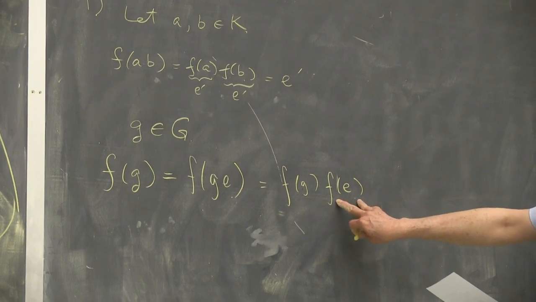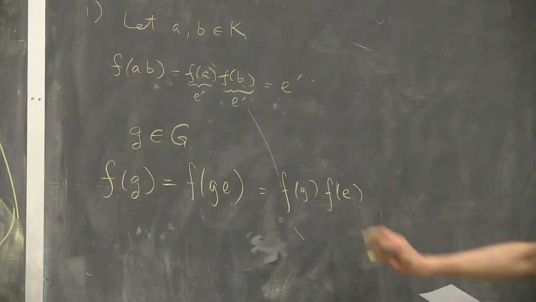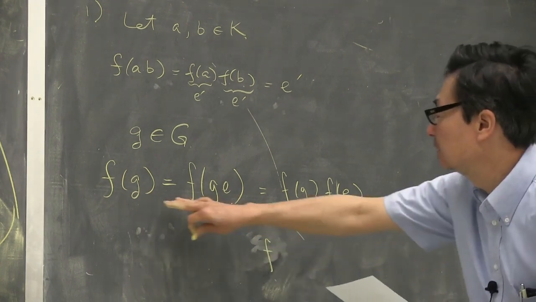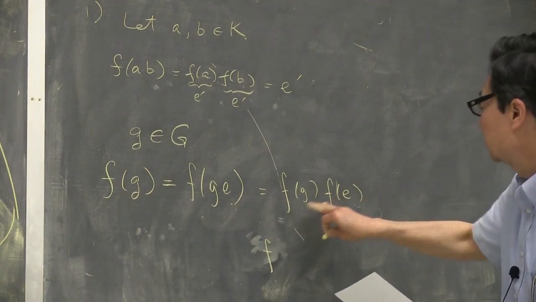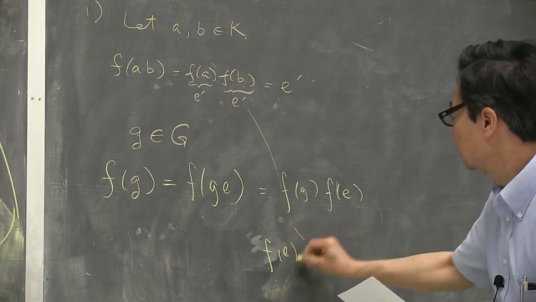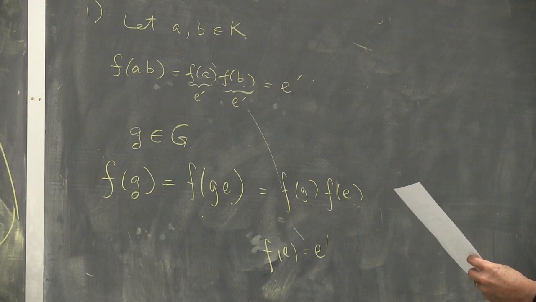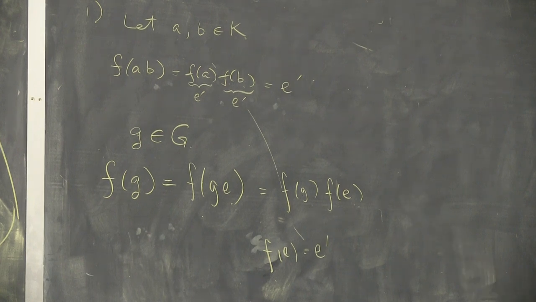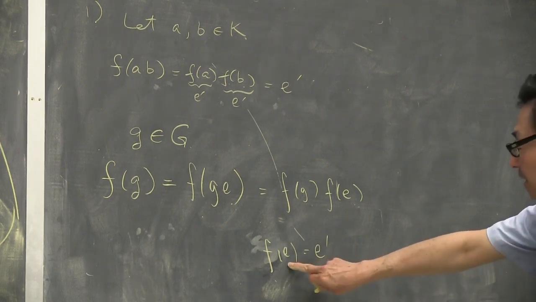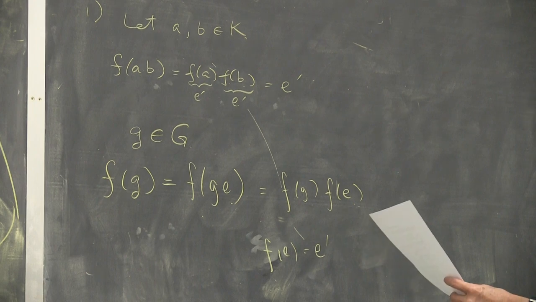This means that f of E must be E prime, because anything times this thing must be equal to the identity. But this thing is f(e), so f(e) must be equal to E prime. What does this show? This shows that E necessarily is inside the kernel, because it maps to the identity in the other group.